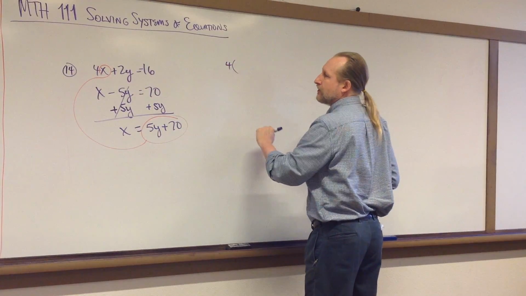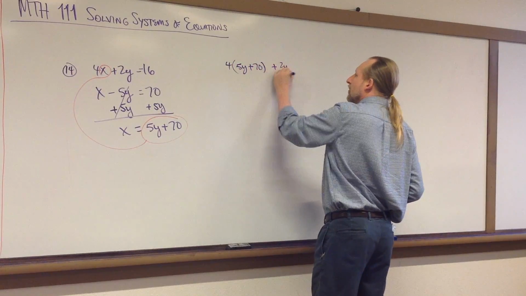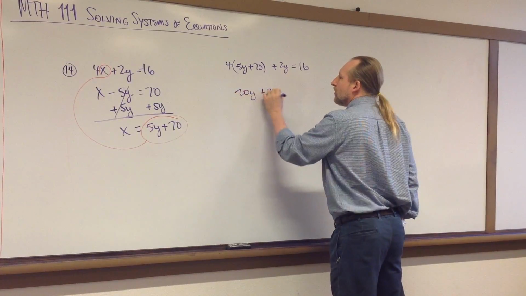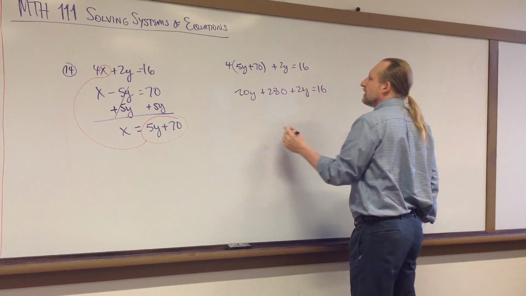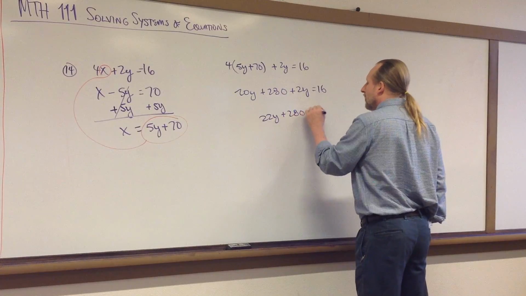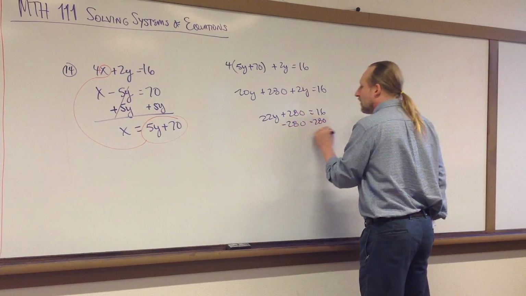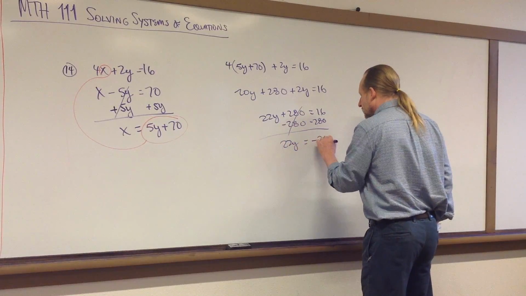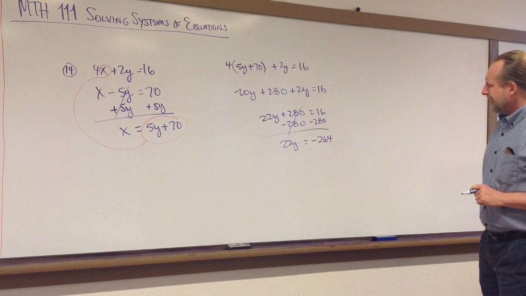Then we're going to plug that into the other equation. 4 times 5y plus 70 plus 2y is 16. So 20y plus 280 plus 2y is 16. So 22y, and then we'll subtract the 280 on both sides. 22y is negative 264.